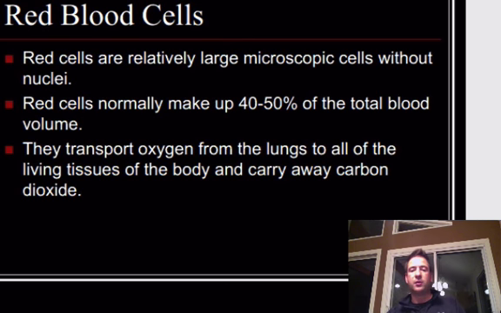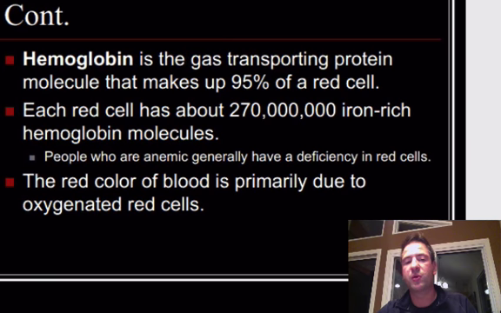Red blood cells normally transport oxygen, as I've talked about. They take it to the tissues, and then their role is to carry away the carbon dioxide so that we can exhale and get it out of our system so we can bring in new oxygen. Now, hemoglobin, I mentioned that word, is a gas transporting protein molecule, and it makes up about 95% of a red cell.